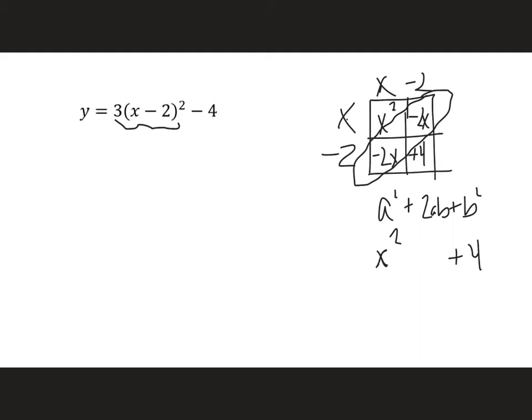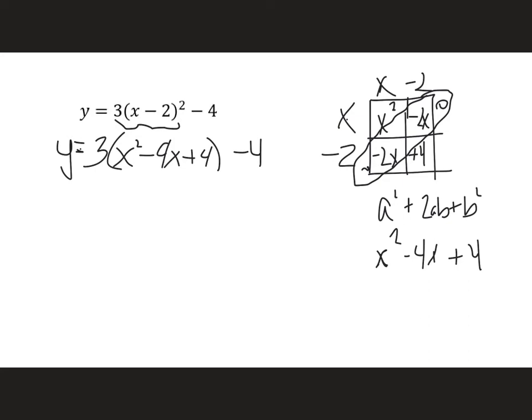And then a times b is negative 2x, and we would have had that twice, so that would make it negative 4x. So we can now say that x minus 2 squared is the same thing as x squared minus 4x plus 4. And then minus 4 is already part of the problem. So we're just going to be replacing x minus 2 squared with its worked out form.